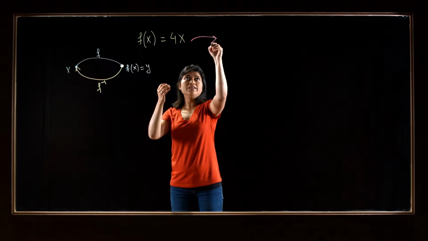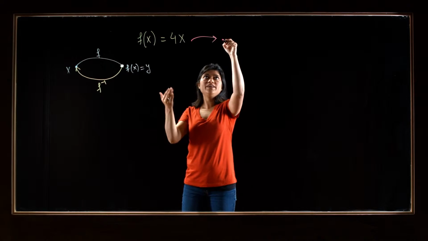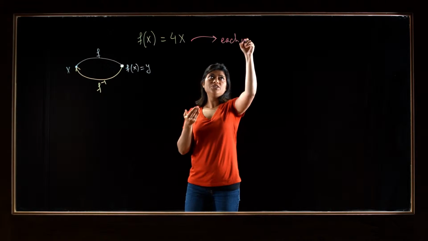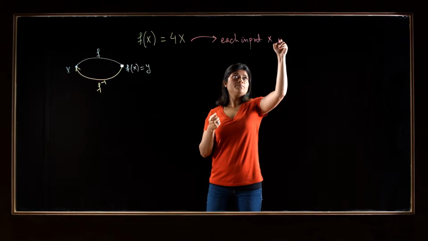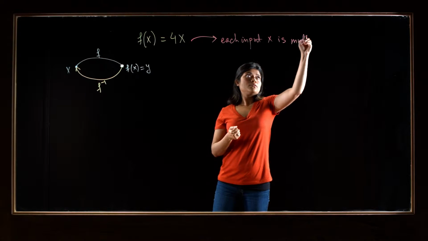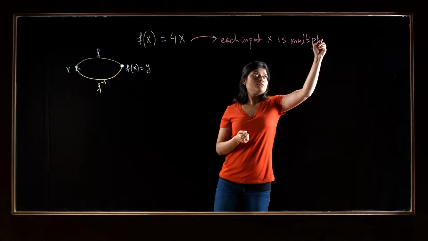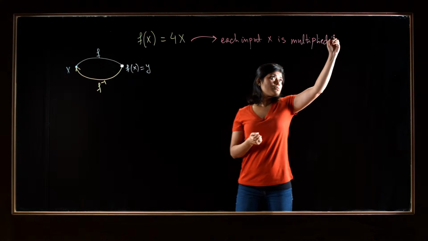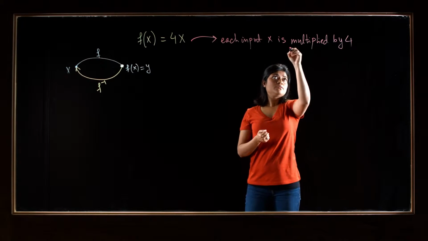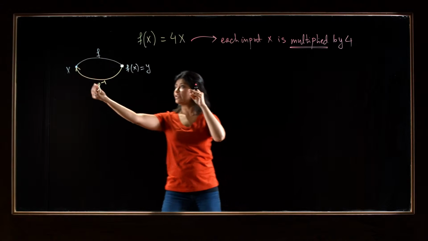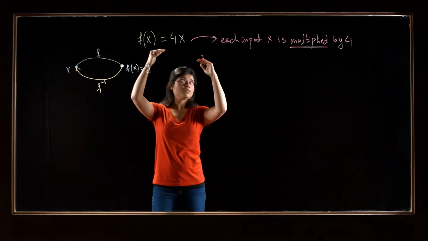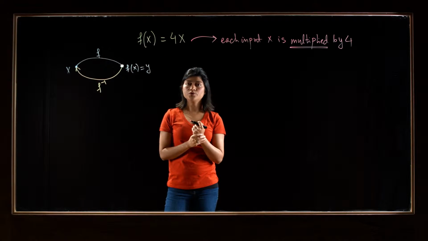Every input, which is x, is multiplied by 4. That's the operation the function is doing. You input an x, and your output is 4 times that input.